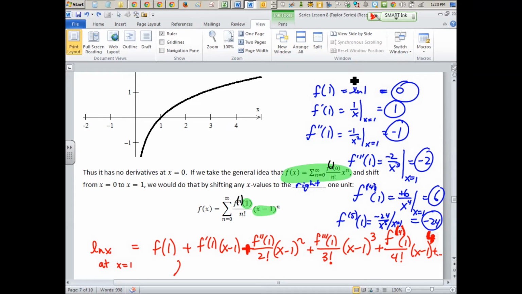What you would want to write is ln x is the same as the series 0 plus 1 times (x minus 1), minus 1 times (x minus 1) squared over 2 factorial. And then the next term is a minus 2.